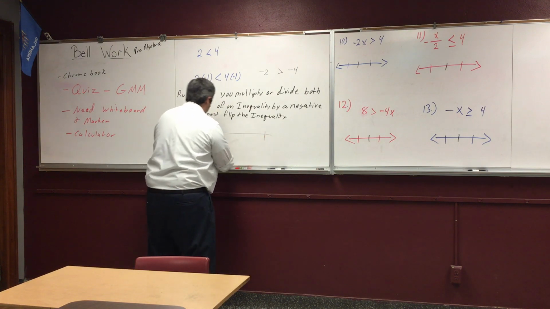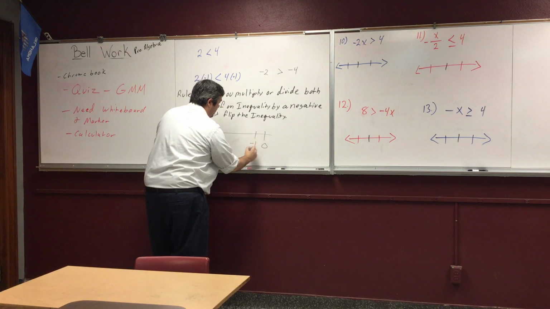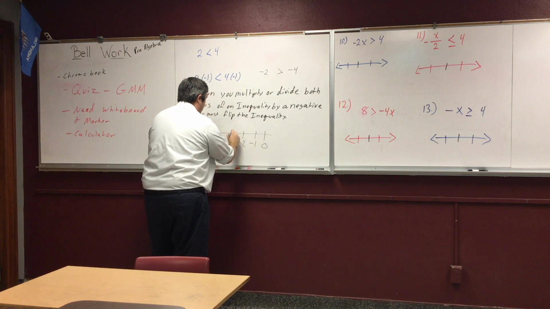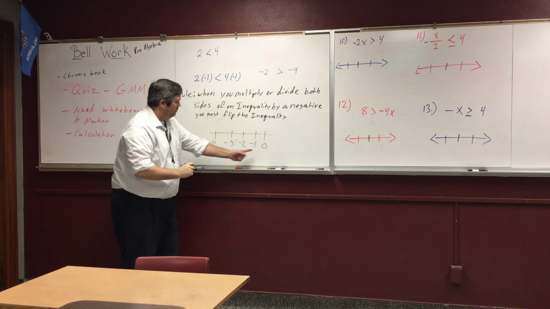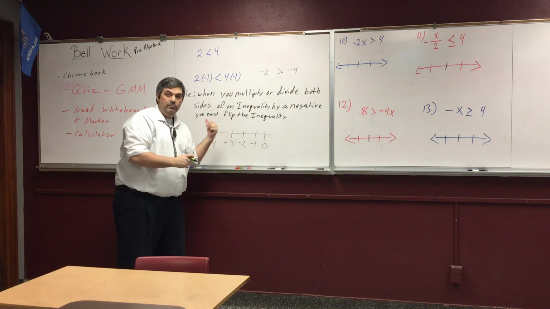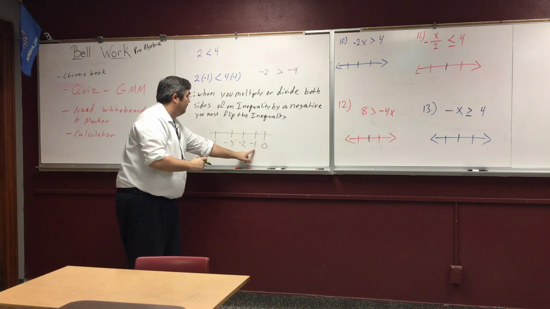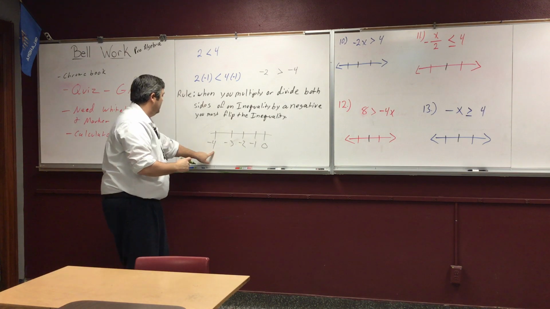So let's say this is 0, negative 1, negative 2, negative 3, negative 4. Again, the further left you go, the smaller the number. 0, negative 1, negative 2, oh, there's negative 2, negative 3, negative 4.